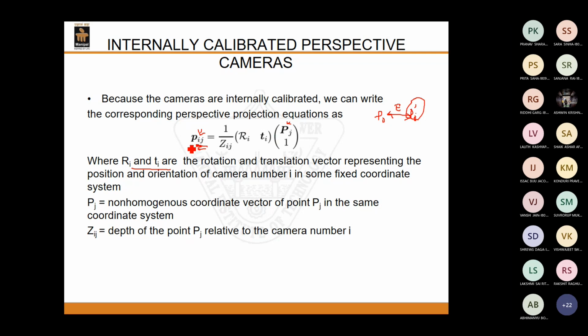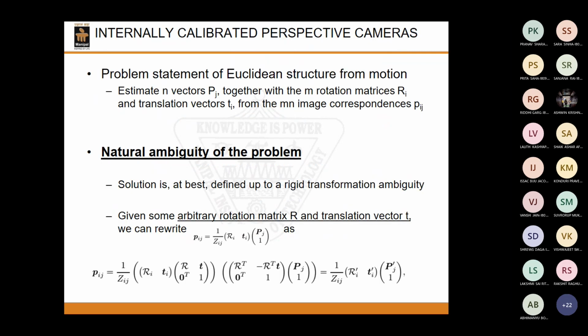That is the same as the concept that we discussed in the previous class. The same applies for the SFM, or structure from motion, reconstruction also. So that is basically what you call the natural ambiguity of the problem.